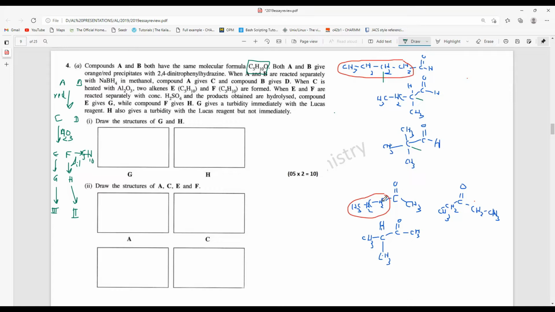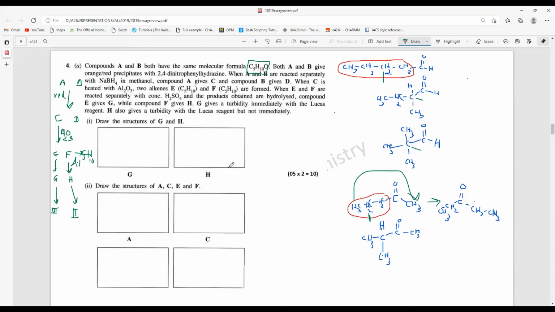This one would be a ketone with 1 CH3 group on one side, the other 3 carbons on the opposite side. So I can take this 1 CH3 to this side and draw this one. Or I can keep this CH3, CH2, CH2 group on this side and manipulate its structure by branching in this position. So I will have this one.